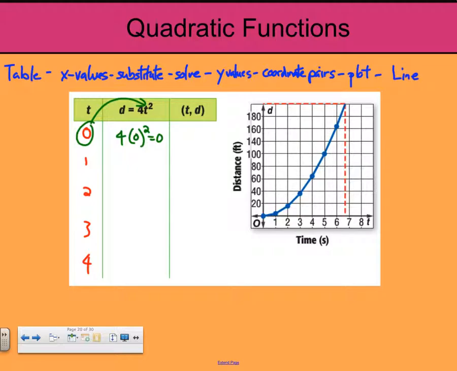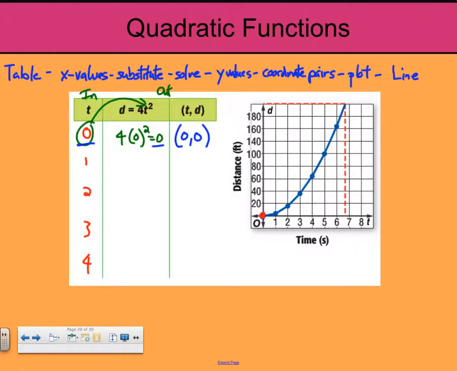So when I put 0 into the equation, I get 0 out. And then when I combine the 0 for the x or t value and then the other 0 that we get out, my coordinate pair is (0, 0). And I'm going to go ahead, and as you can see, we're going to plot that point right here.